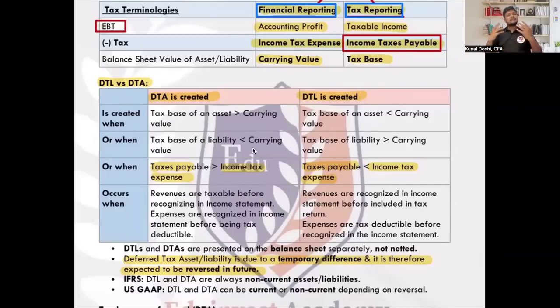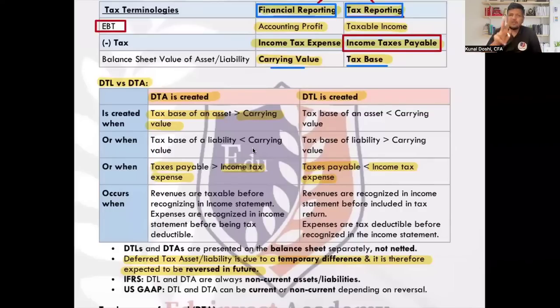Now, there is another way also, which you need to know, about the asset. The asset's value on the balance sheet for tax is called the tax base, and the asset's value in the financial reporting we call the carrying value. Remember this? Carrying value and tax base. Now, I want the entire class to imagine.